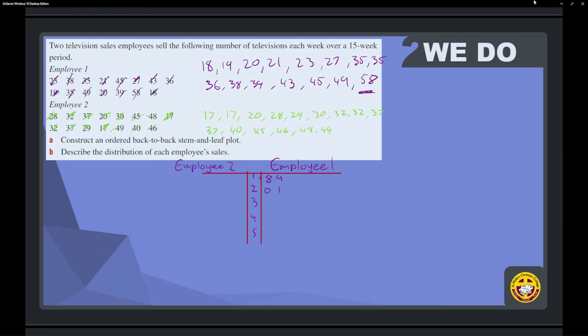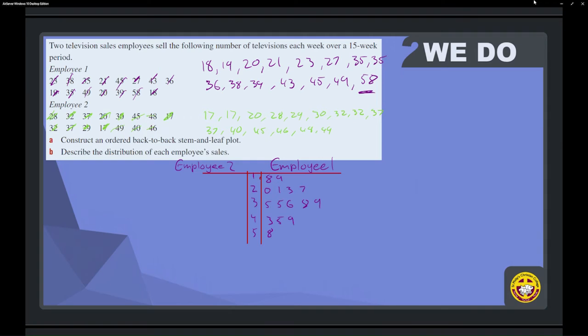It is normal for a stem and leaf plot to be in order. I didn't expressly point that out earlier, but it wouldn't make sense for me to go 9, 5, 3 here. We put the numbers in numerical order. 3, 5, 9, and then we've got our 58.